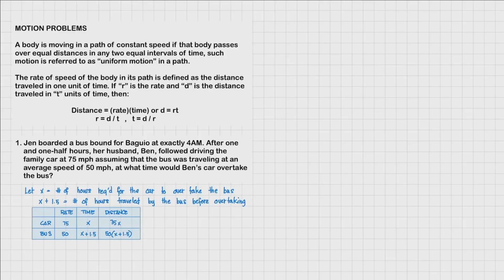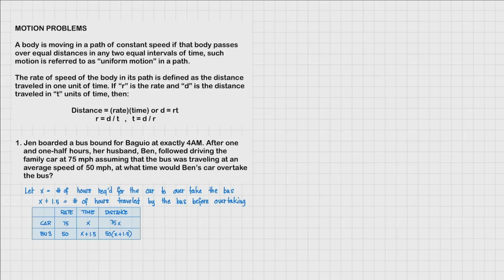Now, from our discussion earlier, distance is just rate times time, right? So the distance that the car has traveled is 75 times x, while the bus has traveled 50 times x plus 1.5.